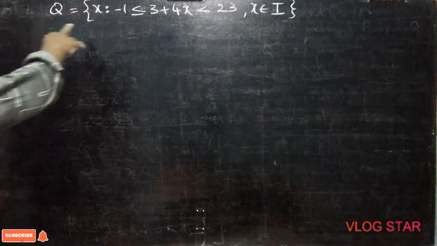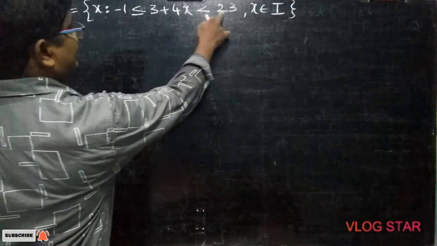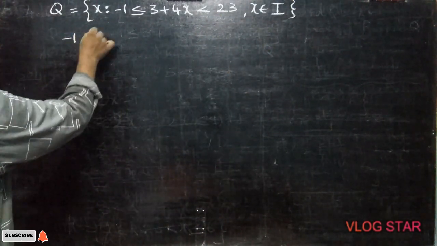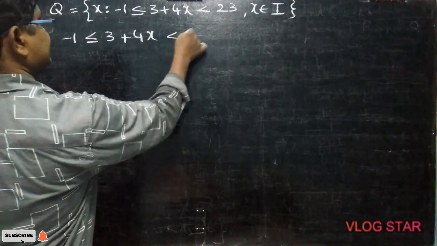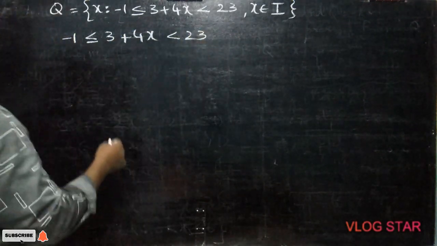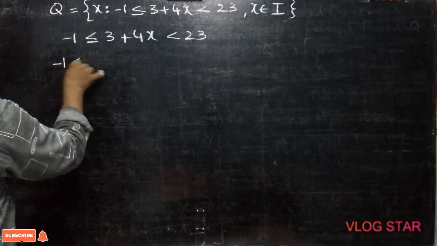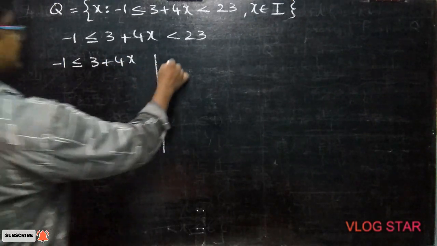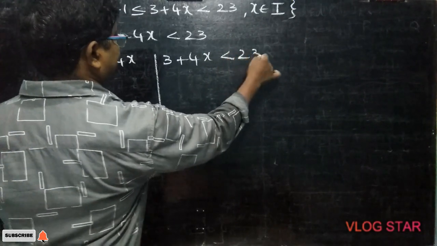Q is equal to x such that minus 1 less than or equal to 3 plus 4x less than 23 where x belongs to I. This also make it into two parts. Minus 1 less than or equal to 3 plus 4x one part. Next 3 plus 4x less than 23.